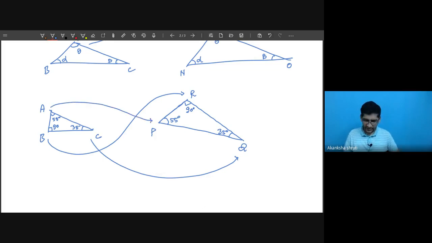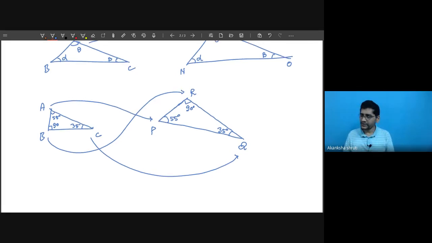Okay. To write this, we are using this symbol. Here we can say triangle ABC is similar to triangle PQR. Is it correct? Students, while writing this similarity, what is the order that we need to take care of?